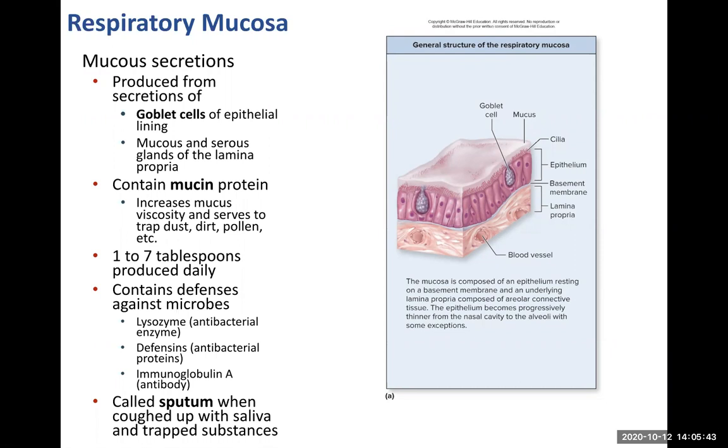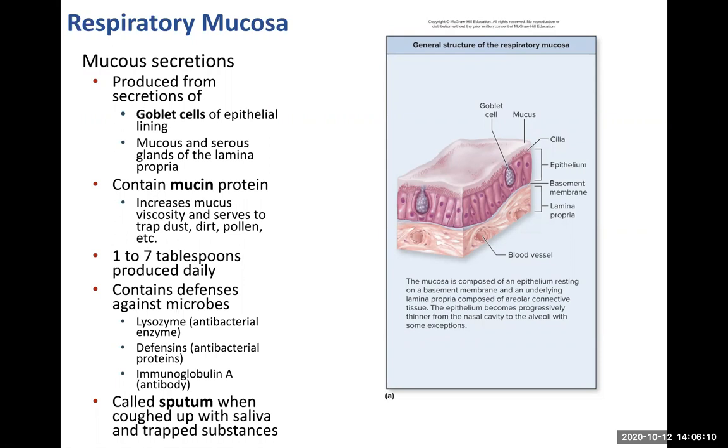So as part of those mucus secretions, you're going to find IgA, various defensins, which are antimicrobial proteins, and also lysozyme. All of those are a part of your innate immune response, right? To help in general, non-antigen specific ways protect you against things that could be potentially disease causing.